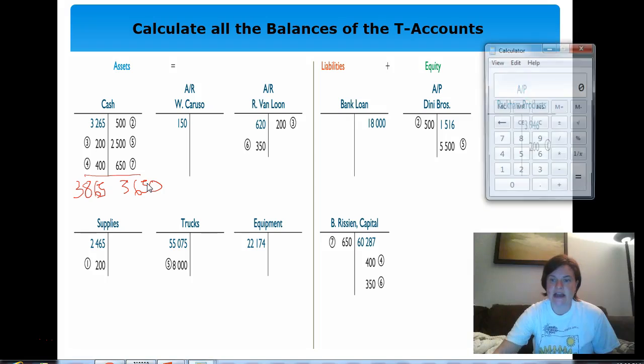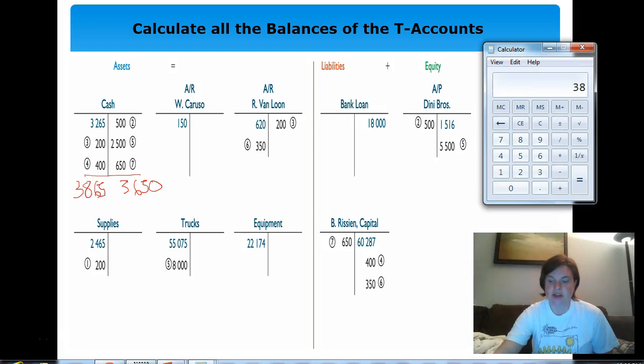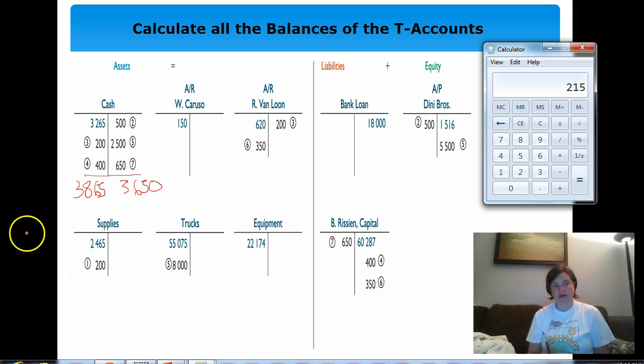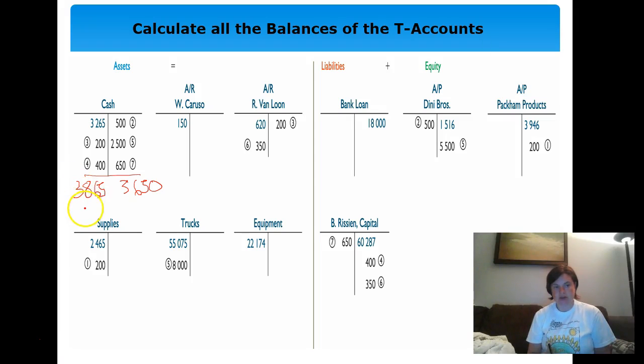So now our next step is to take the larger value, 3,865, and subtract the smaller value, and that's going to give us $215, and we're going to write that number underneath the larger total.